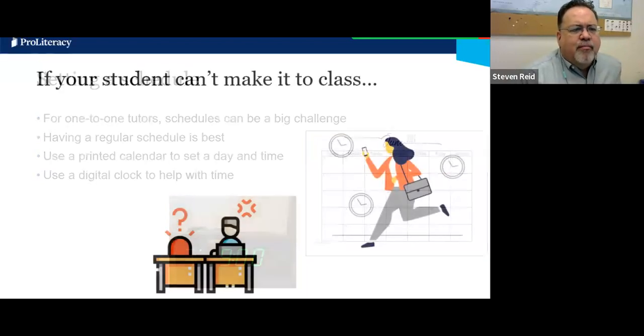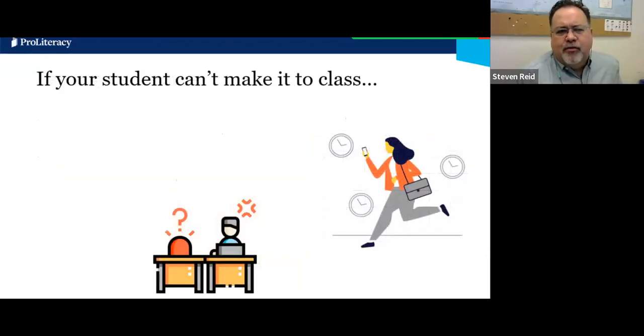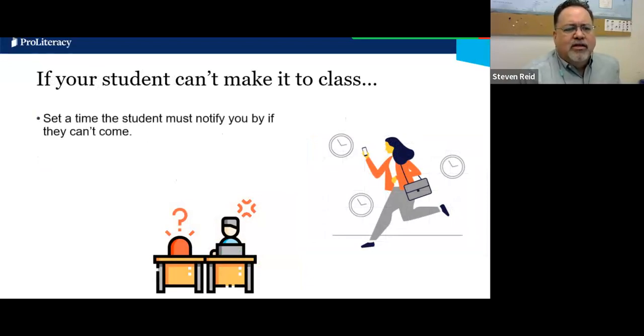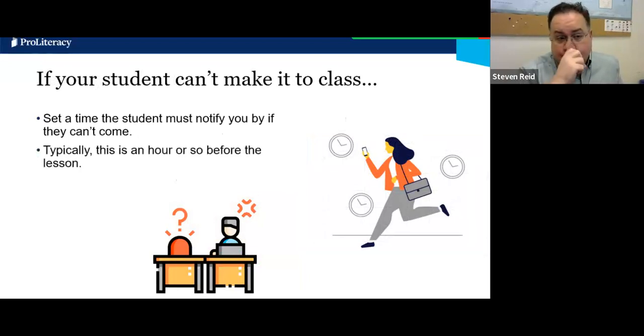I think it's also important for you to spend some time talking with your student about what happens if they miss class. In that one-on-one setting, I think it's good to have a set time that they will notify you if they can't come. I usually tell my tutors that an hour before is best, but that's going to depend on the tutor and the student.